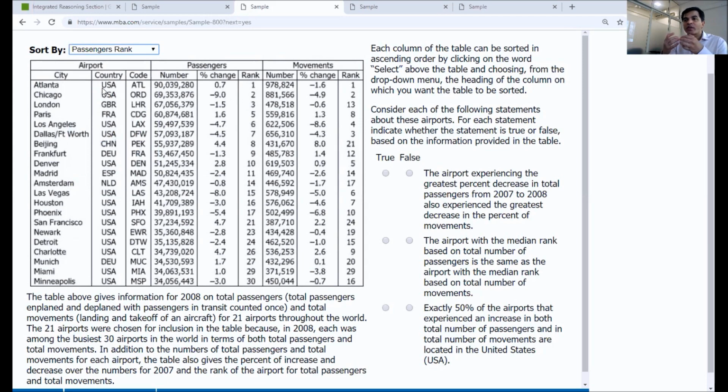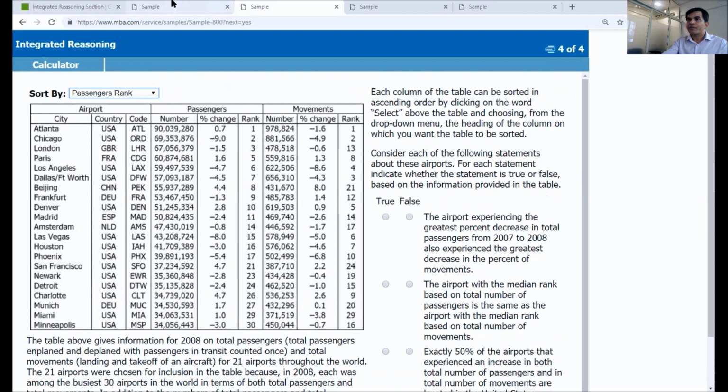Once you sort, you just have to interpret the information to answer the question. That's the objective of this question type. It does not involve any kind of number crunching. If at all there is something you may have to do, you have the online calculator available. Remember, the online calculator is available only for the IR section. It is not available for the rest of the GMAT.